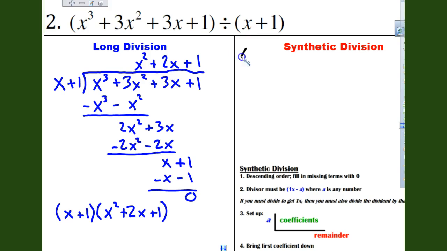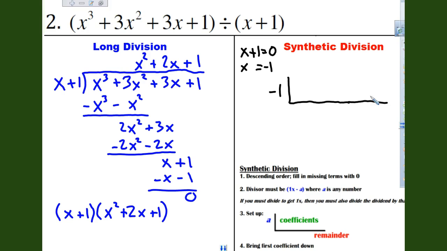So we have x plus 1. Set that equal to 0. So in this case, we're going to use -1. And this will have a much greater purpose later on. Right now, I'm just going to show you the technical part on how to do it. And later on, you're going to find out why you're doing it, what you use it for, and how it relates to the graph of a polynomial and so on.